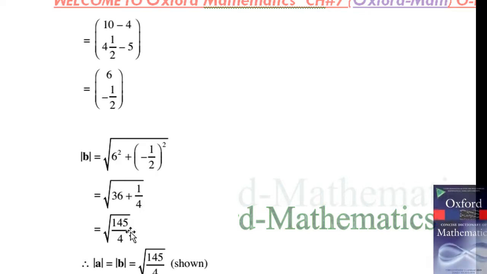Now this vector very easily gives us the magnitude 36 plus 1 by 4. So the answer will be the same. Now the magnitude of a equals the magnitude of b, which is the square root of 145 over 4.